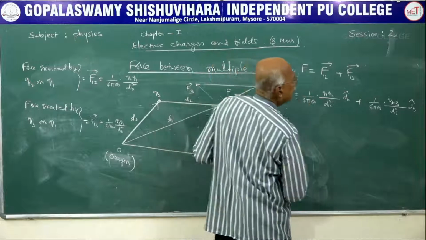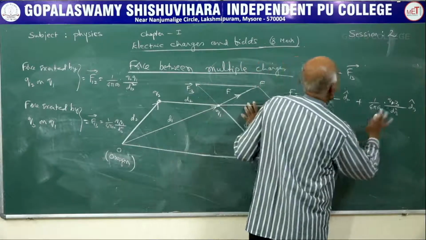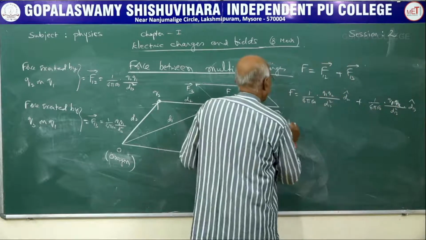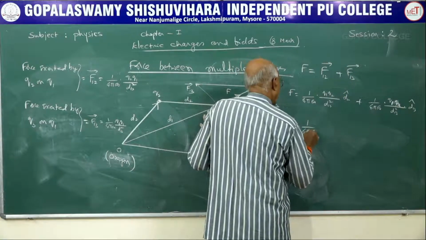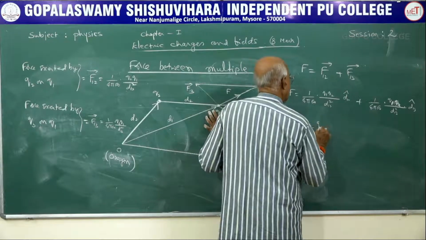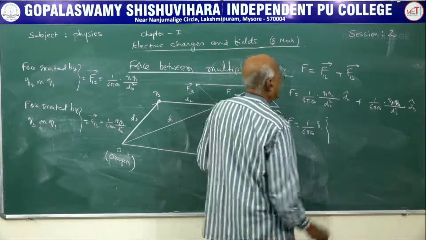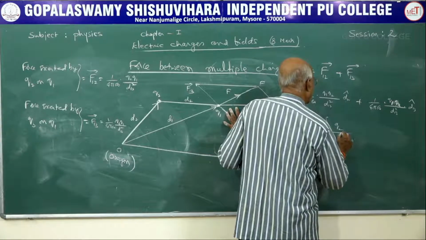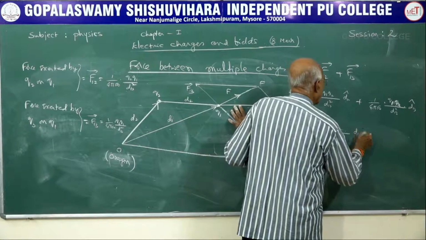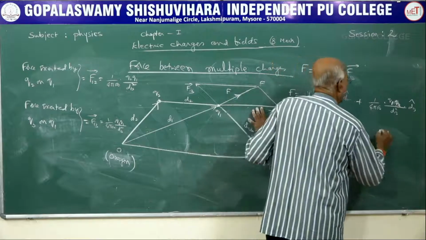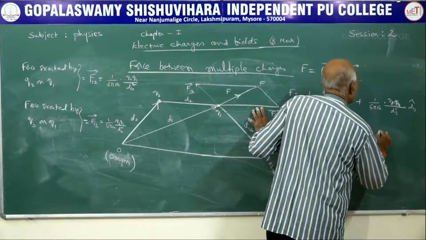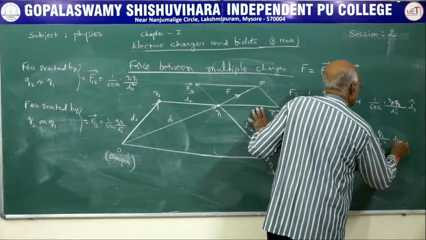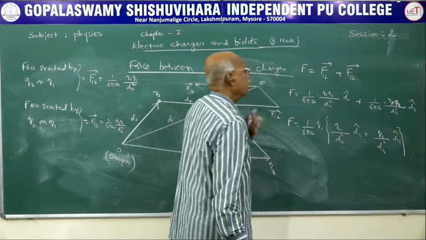On simplification, F is equal to 1 over 4 pi epsilon naught into Q1. This is the common factor you have got. Therefore, this is Q2 divided by D12 squared, D12 cap, plus Q3 by D13 squared, D13 cap. So this is the force available.